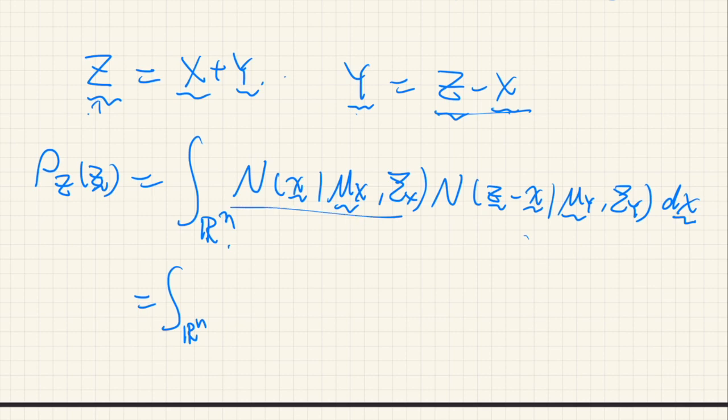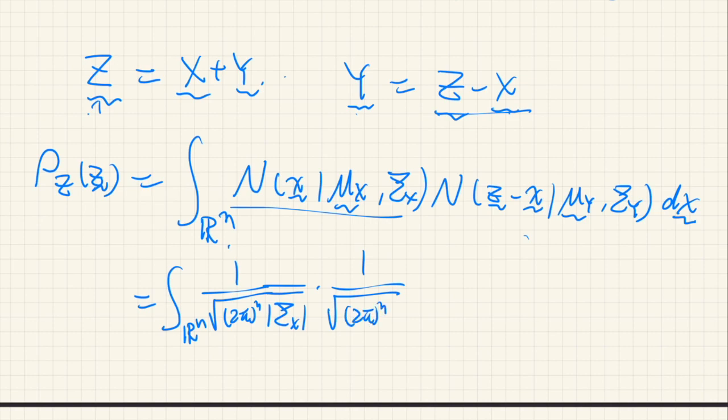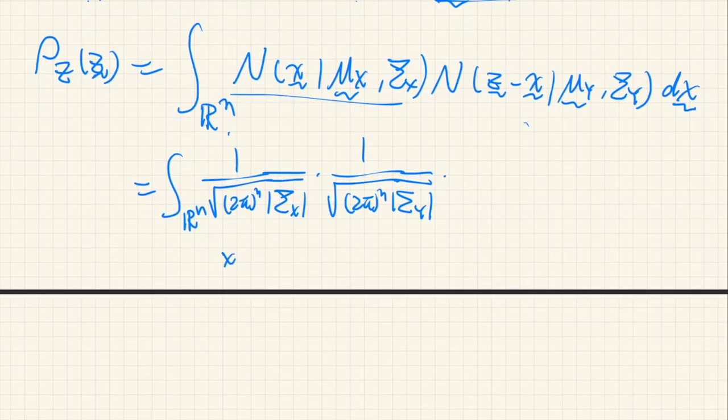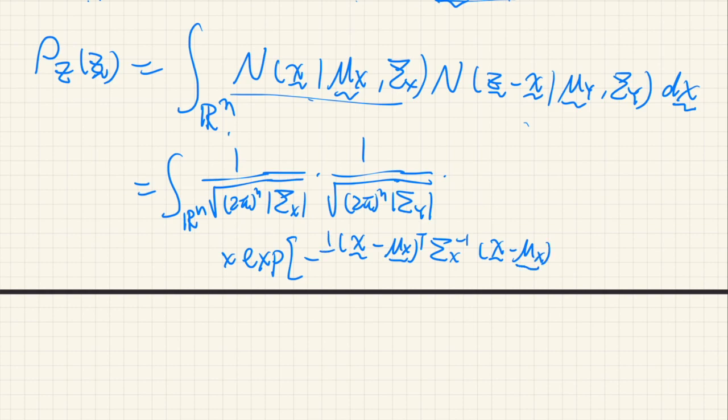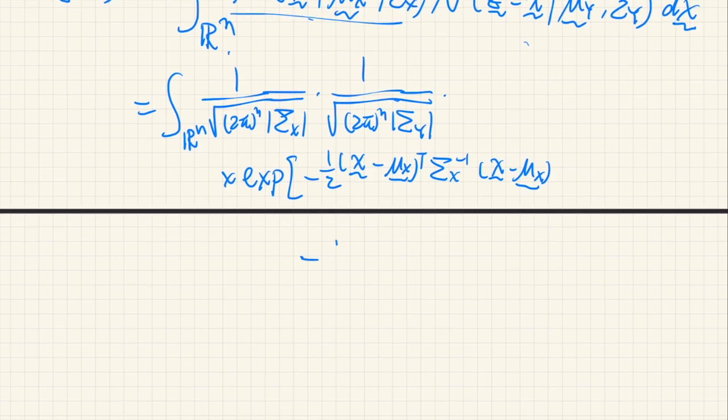Integrate, and from here we have 1 over square root of (2 pi) to the power of n times the determinant of sigma x, and 1 over square root of (2 pi) to the power of n times the determinant of sigma y, times exponential of negative 1/2 (x minus mu x) transpose sigma x inverse (x minus mu x), and negative 1/2 (z minus x minus mu y) transpose sigma y inverse (z minus x minus mu y), dx.